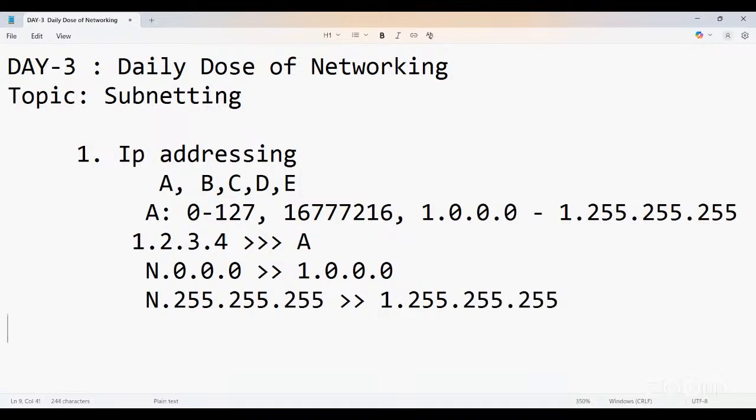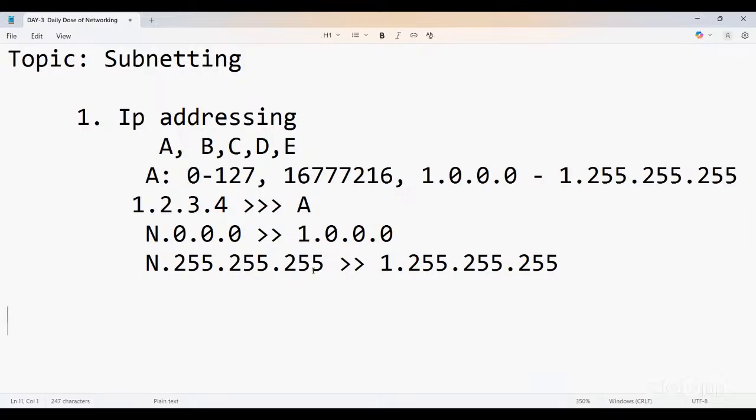So this is class A. Here it will look like network.host.host.host, and you can imagine 8 bits in the first octet, 8 bits in the second octet, 8 bits here, and 8 bits here. So in total it will be 32 bits, right?